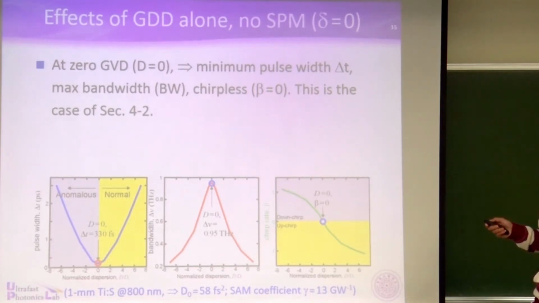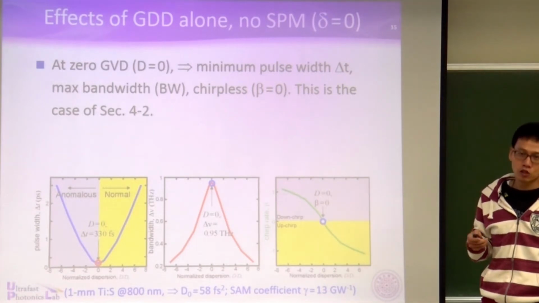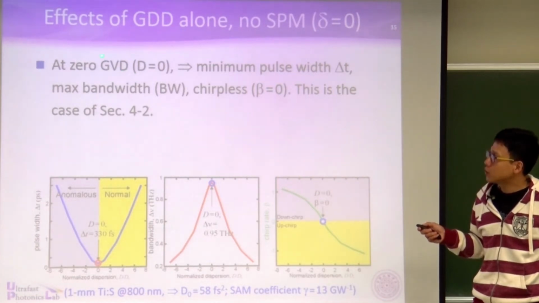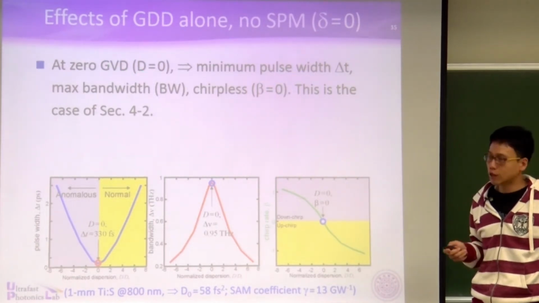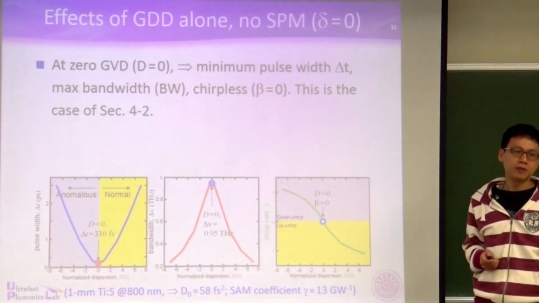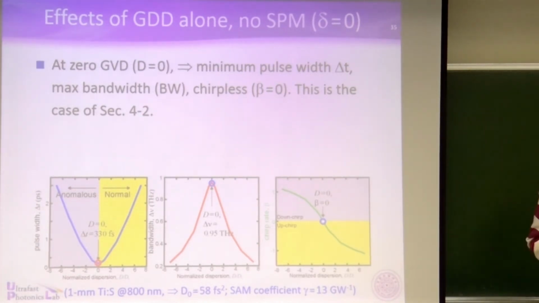And you also have a chirpless steady state pulse. If you look at the green curve, when GDD is 0, your beta parameter is also 0. So D equals 0, beta equals 0. And we know if beta equals 0, it means chirpless. The pulse has no chirp. So if GDD is 0, you get minimal pulse width, broadest bandwidth, and 0 chirp. But actually, this happens to be the case of section 4-2, right?